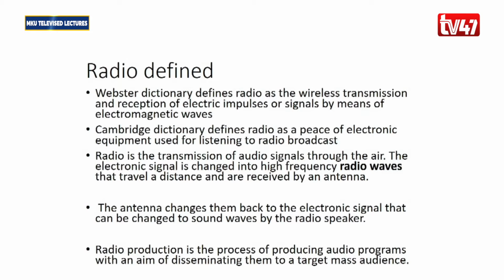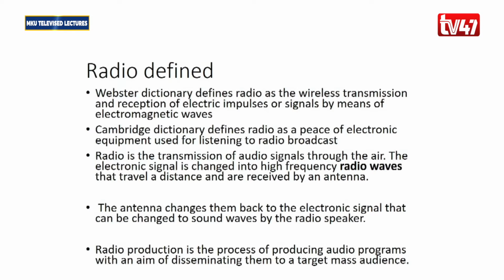On the second definition, Cambridge Dictionary defines a radio as a piece of electronic equipment used for listening to radio broadcasts. So this is talking about the device itself. At our homes, even in your pocket on your mobile phone, you can receive radio.